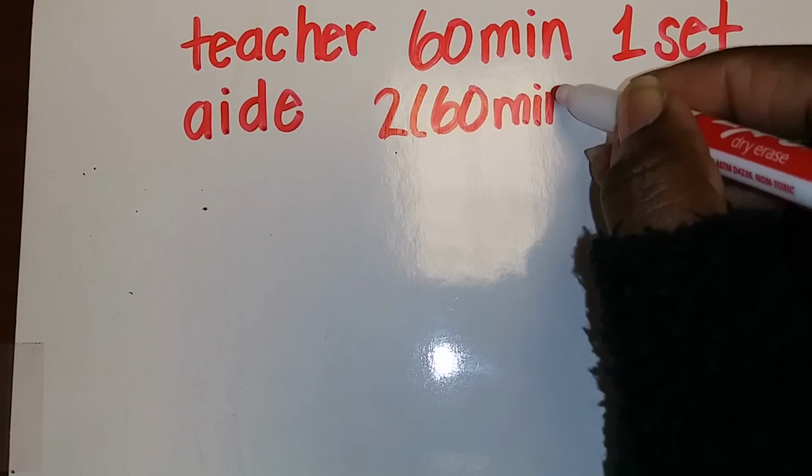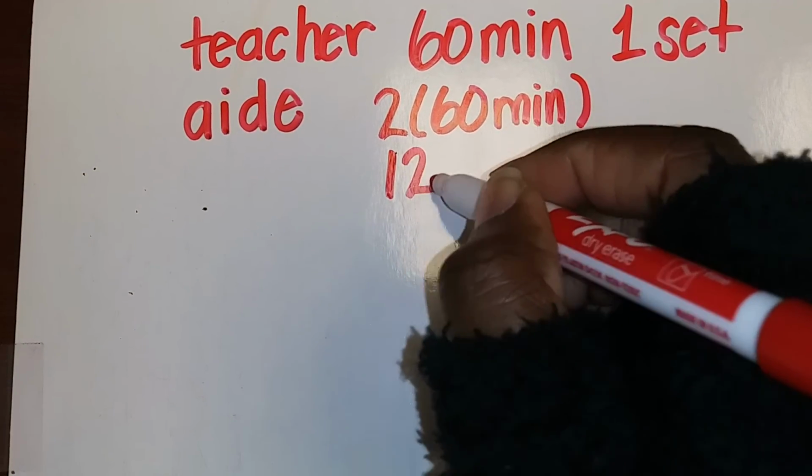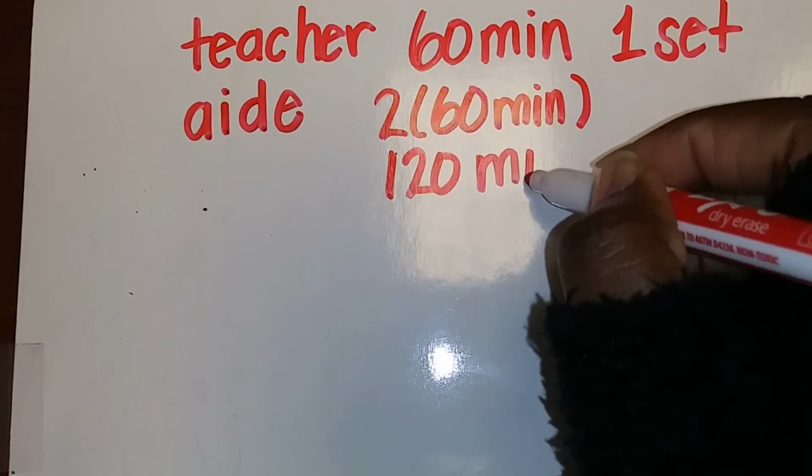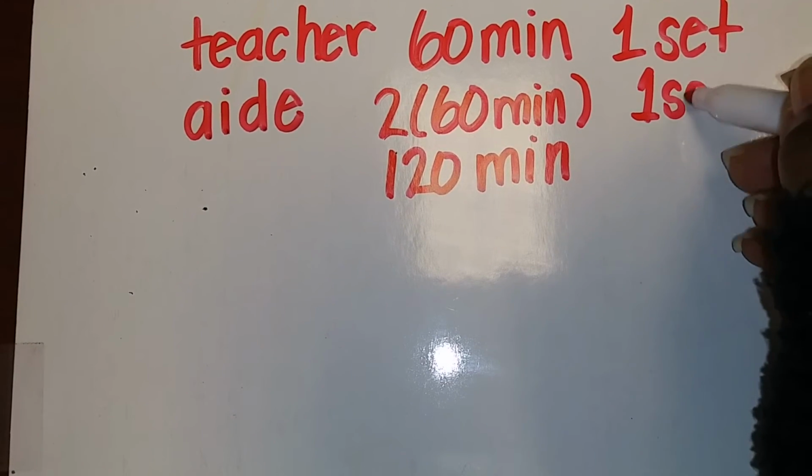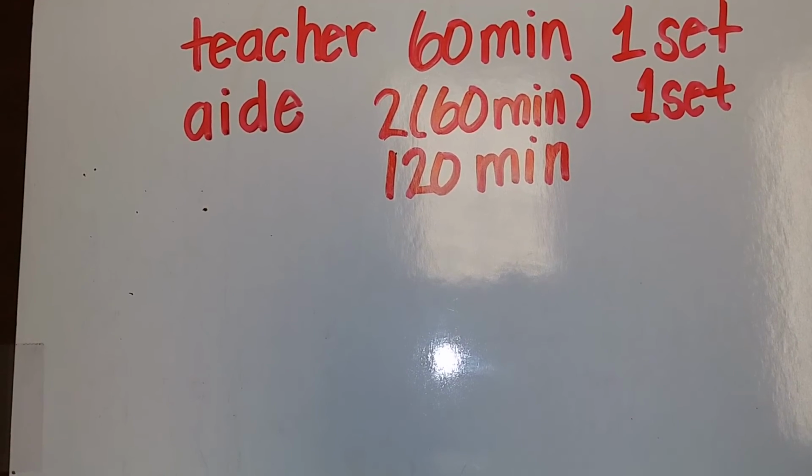It takes her 120 minutes to grade one set of tests. All this information is very important as we set up our equation. The teacher takes 60 minutes to grade one set of tests, and the aide takes 120 minutes to grade a set of quizzes.